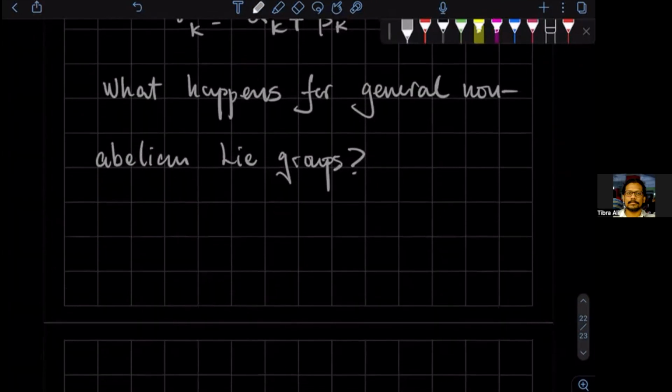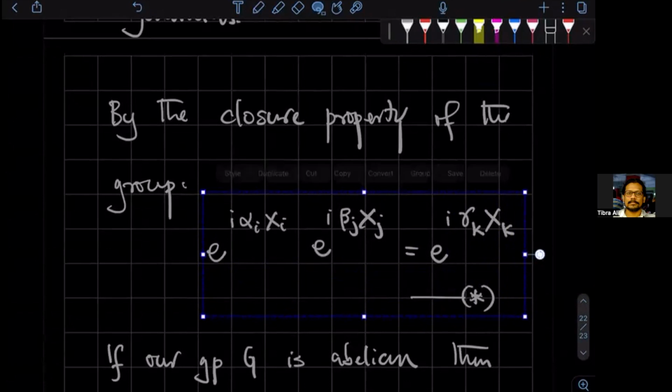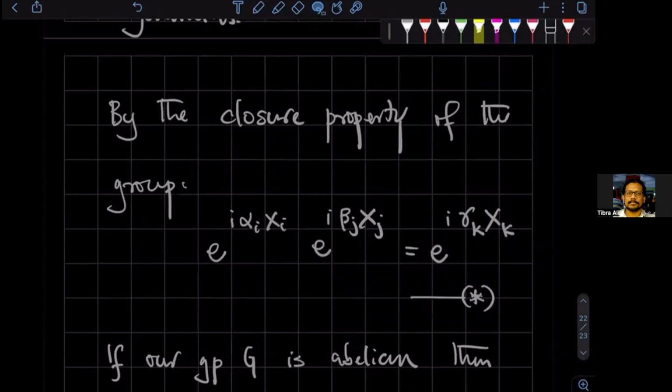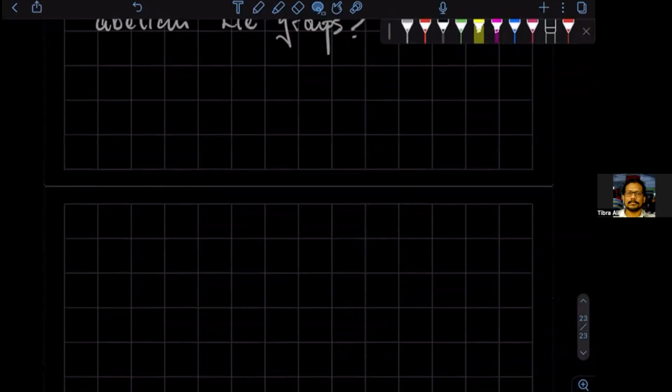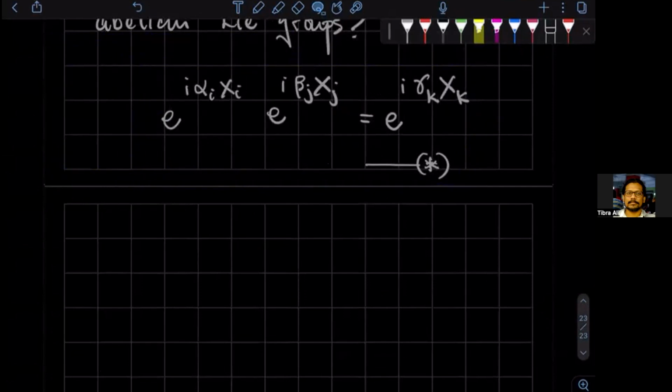So let's take this relationship. This is important, so let me write it over here again. For non-abelian groups, let us expand this relationship in small alpha, beta, and gamma.